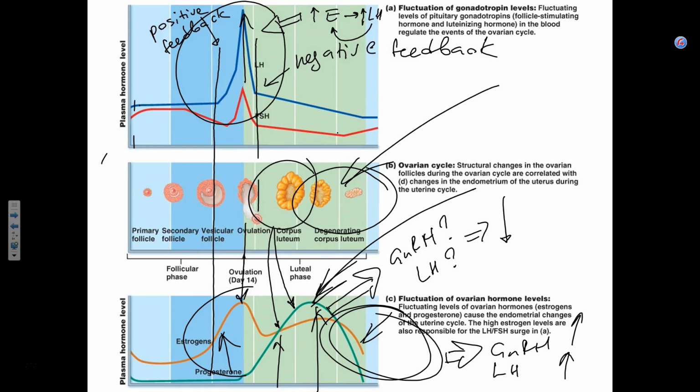I will ask you not only about the links, like what happens during ovulation and what kind of feedback loop is established between the hormones. You also need to know the levels of hormones. For instance, I can ask you what the levels of hormones are in ovulation.